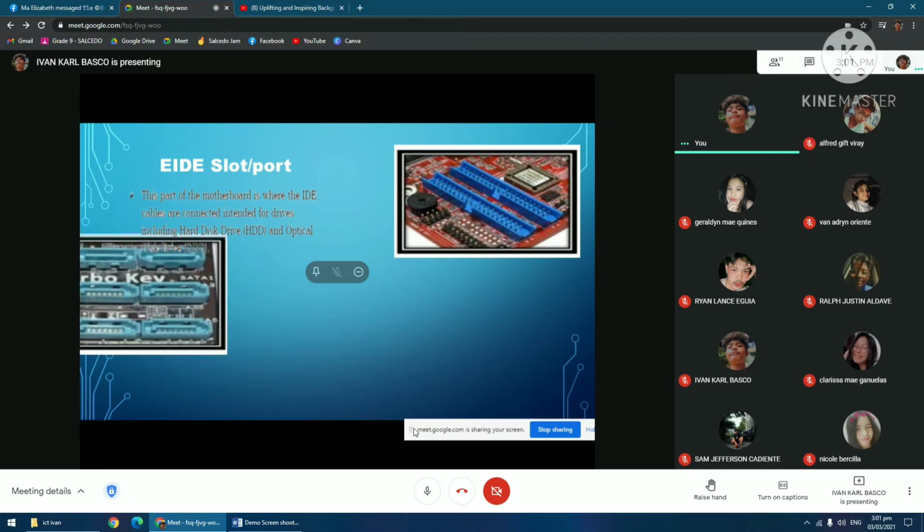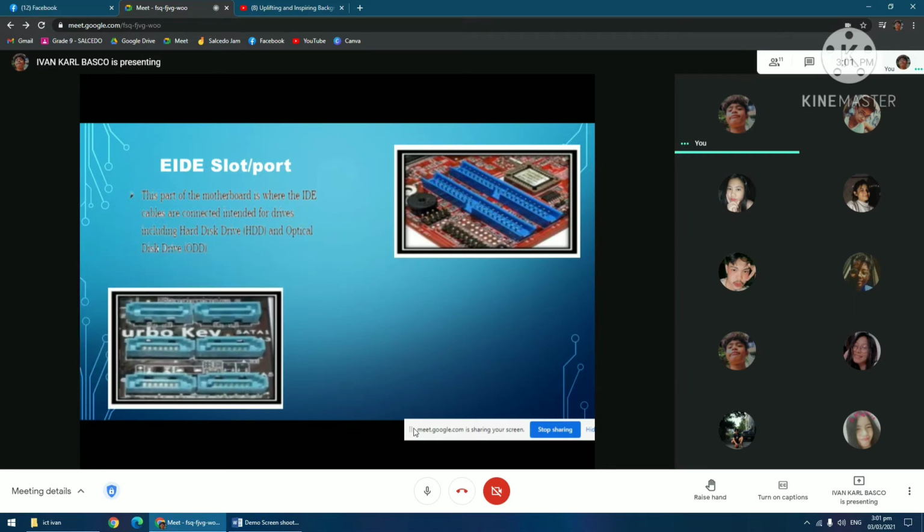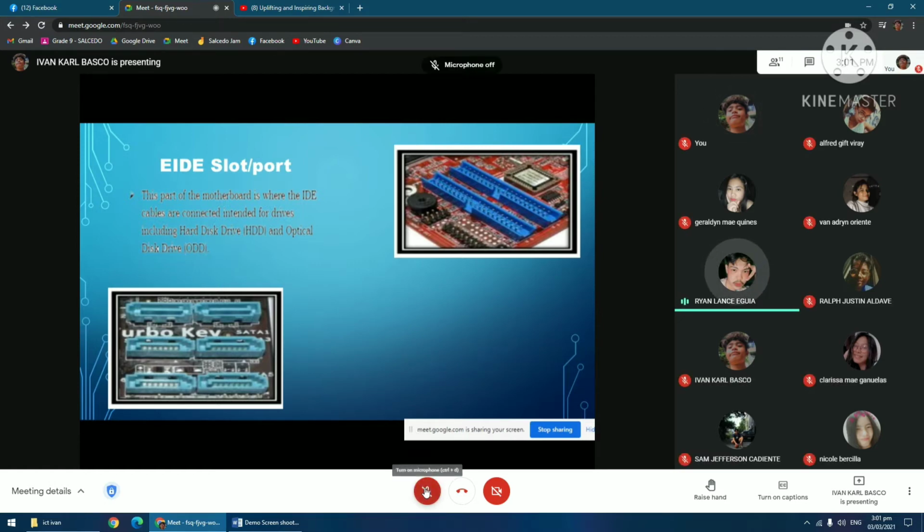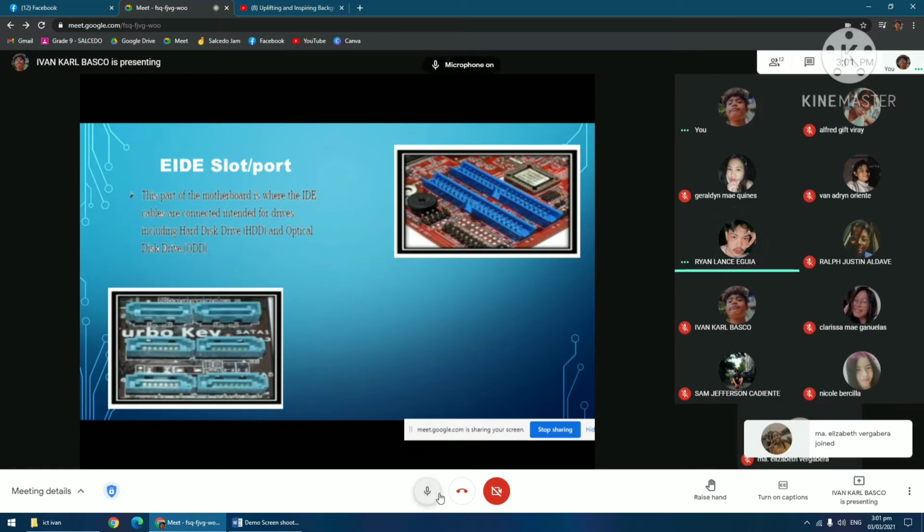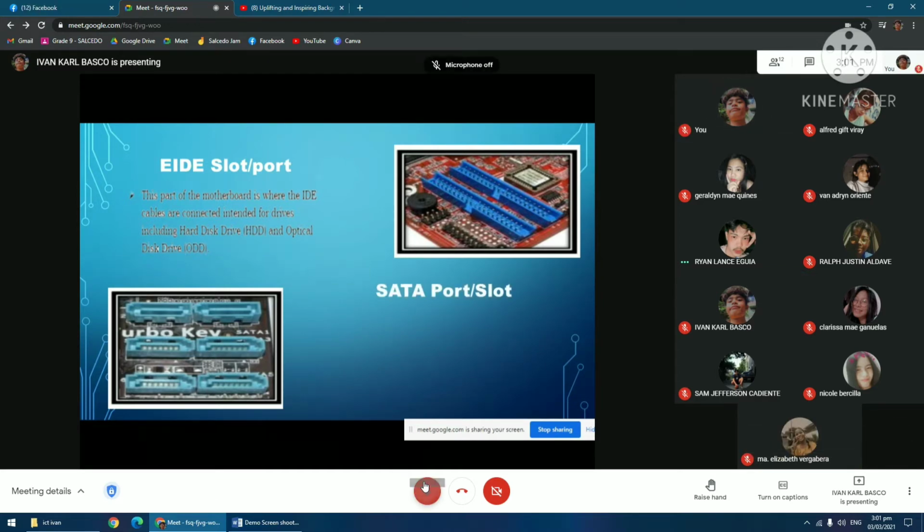Next picture. Who wants to answer? Next picture. SATA port. Let's see if that is correct. Very good, SATA port. SATA stands for Serial Advanced Technology Attachment, or Serial ATA.